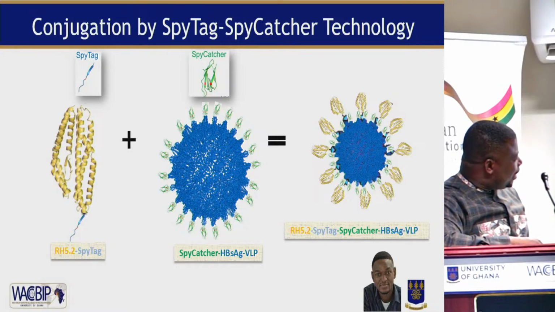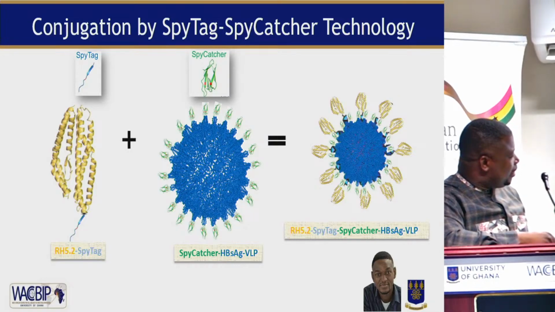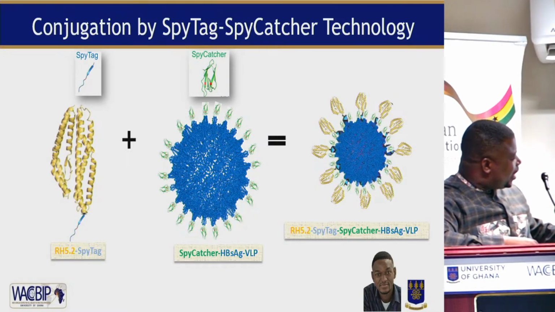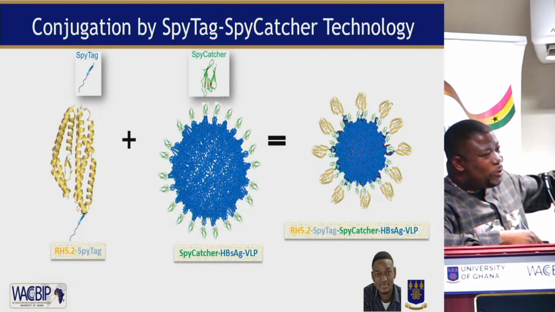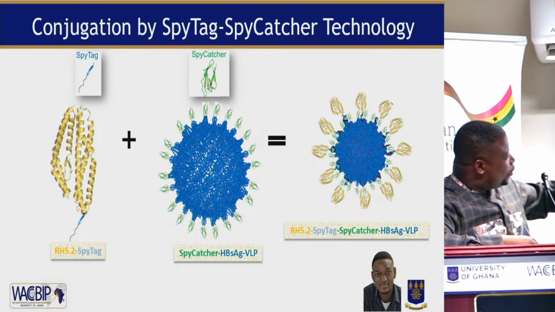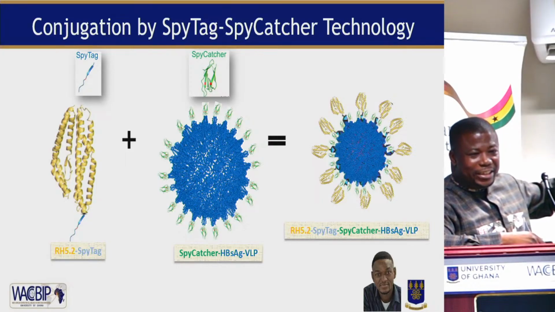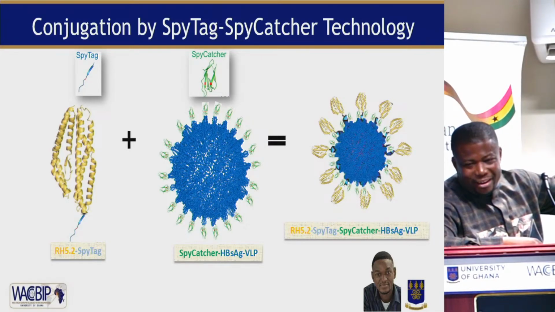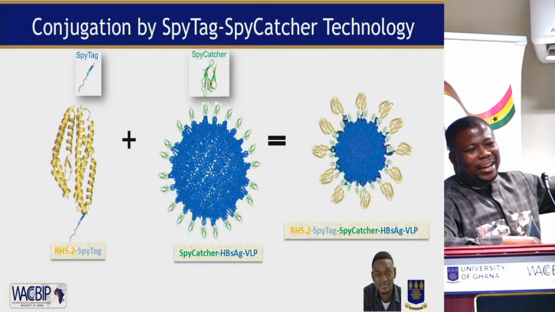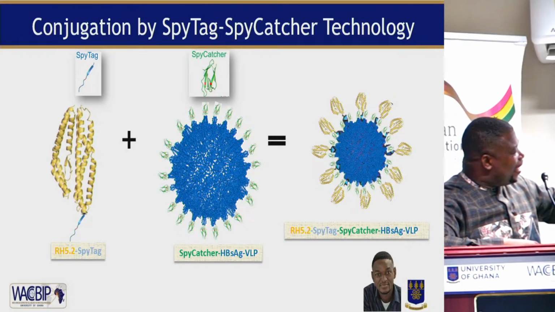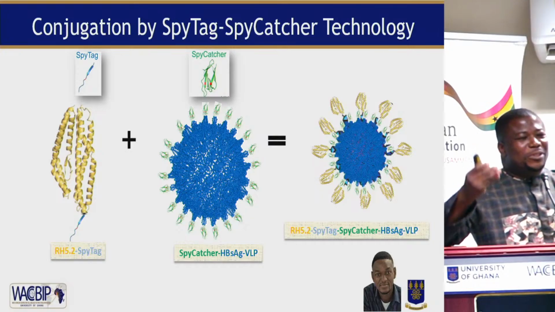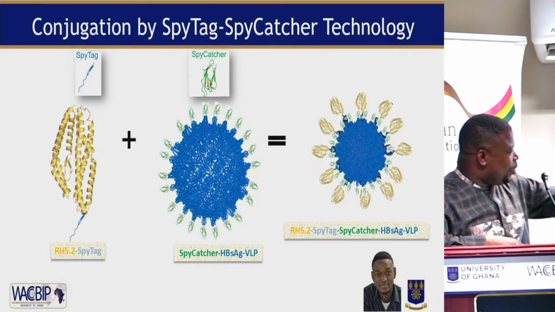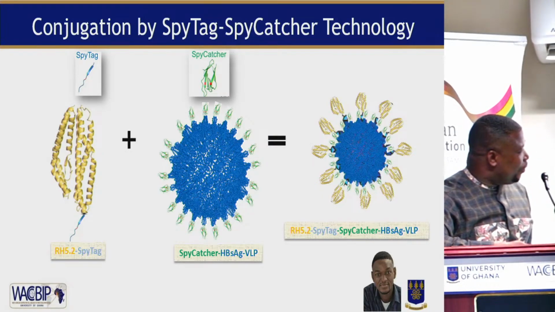If you now attach a spike tag, this is the spike tag, this is the capture, and then the hepatitis B surface antigen in a viral construct like this. If you put this together, you will now get this. So indirectly, we are mimicking the way viruses are able to expose their antigens, which our immune cells see easily. So this is what we did for RH5.